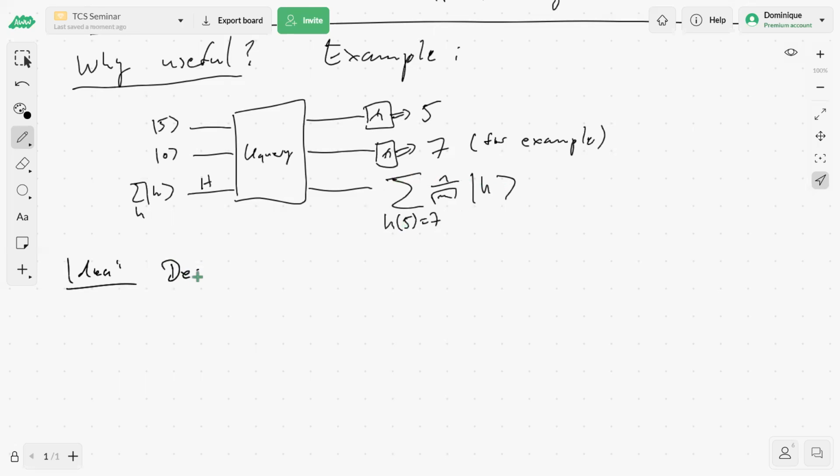So, describe the oracle state in terms of restricted H superpositions.